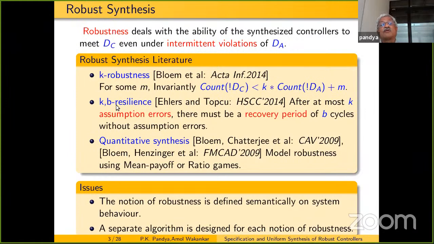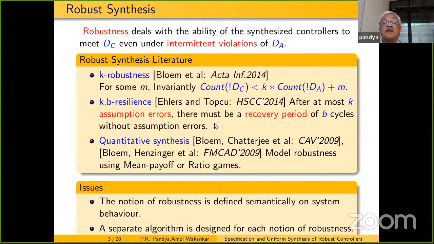Another notion was what was called KB resilience due to Ehlers and Topcu, which says that circuits may recover if the assumption violations stop for a sufficient amount of time. So a recovery period of B cycles would allow my controller to recover from errors. So if it is the case that after at most K assumption errors, there must be a recovery period of B cycles, and if this condition holds throughout the execution of the system, I should continuously satisfy the commitment.